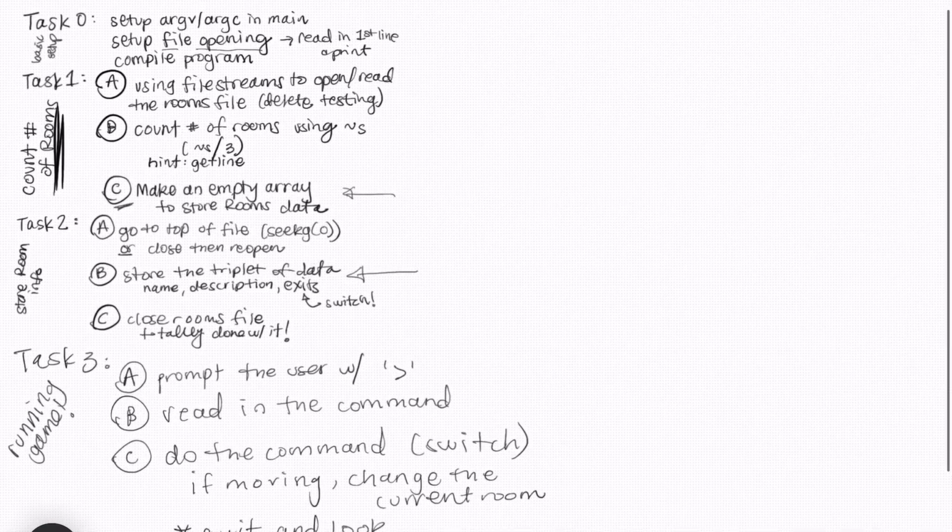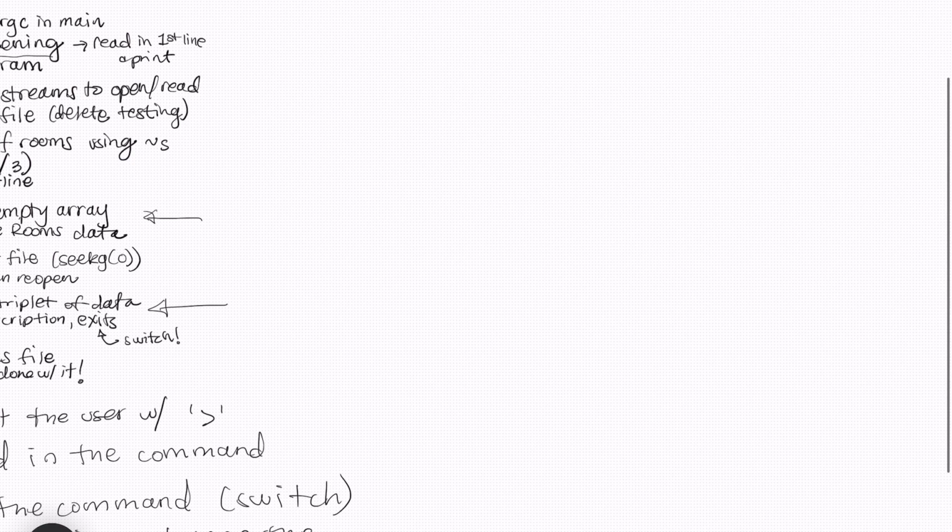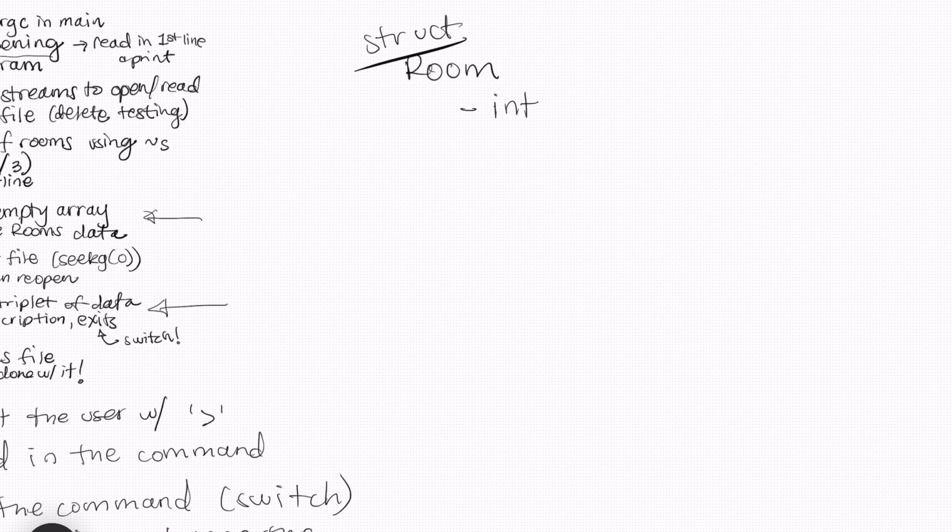And like I mentioned, if you need a little bit of help in organizing the room data, then I would recommend making a struct or a class called room. And this would contain either an int or a string for the room number.